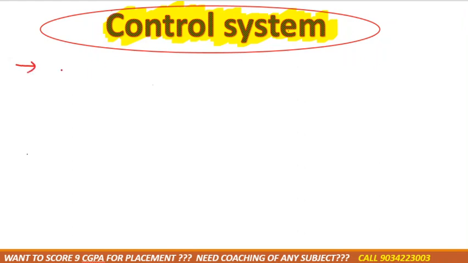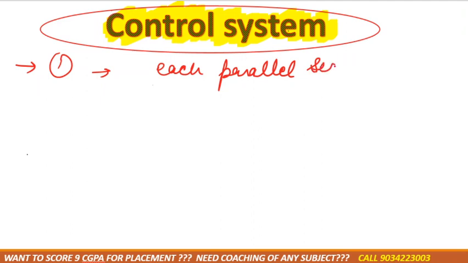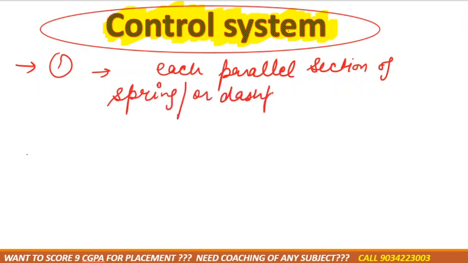Now we have to follow certain rules for the calculation of the transfer function. Step number 1, determine whether each parallel section of spring or dashpot is extended or compressed. You know what a dashpot is? You can call it a dashpot or a damper, it's one and the same thing.